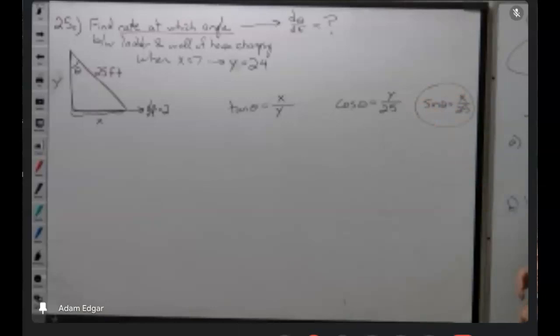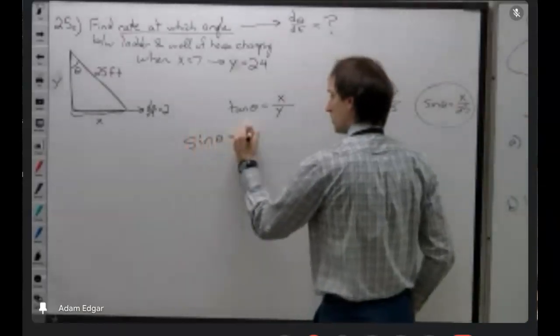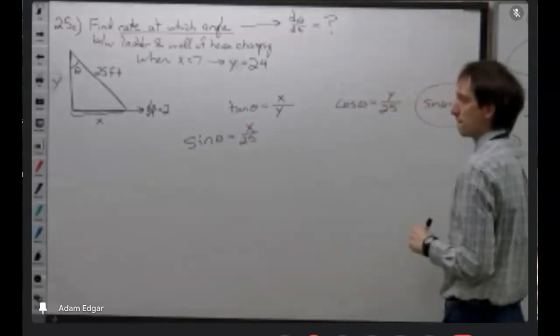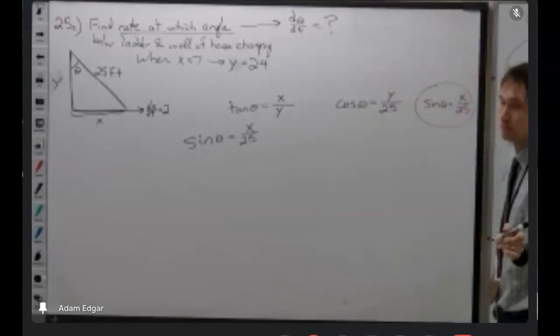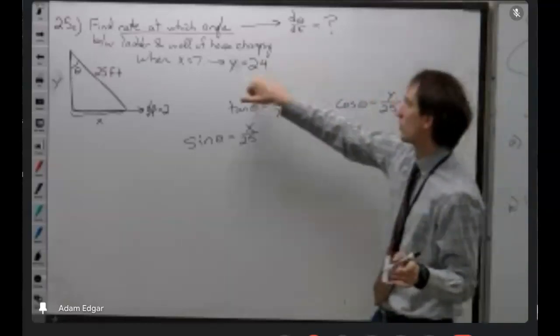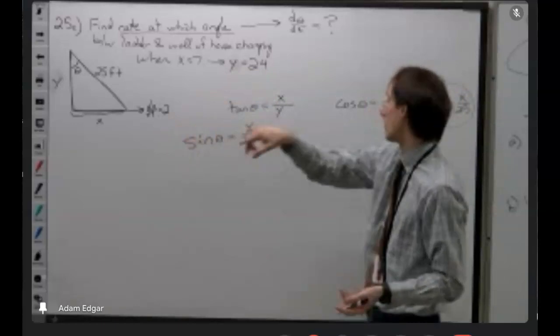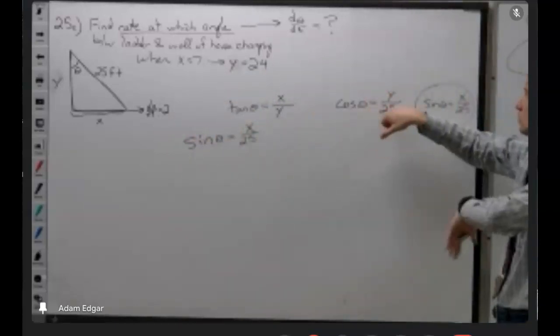So let's go over here. All right, sine of theta equals x over 25. But don't we know y too? Wouldn't it not add it? Yeah, but it's also a variable, and so we would also want to know dy dt. Now, we also know that, so you're right. Based on previous information that we found for ourselves, cosine wouldn't be terrible.